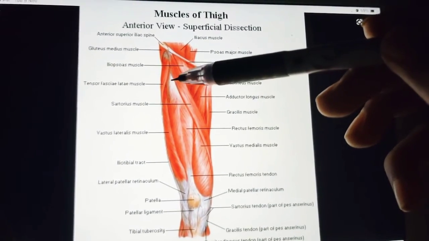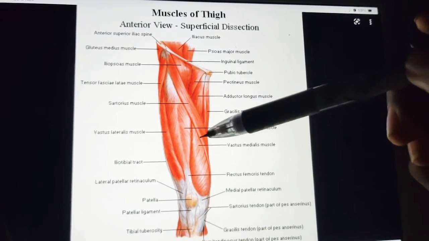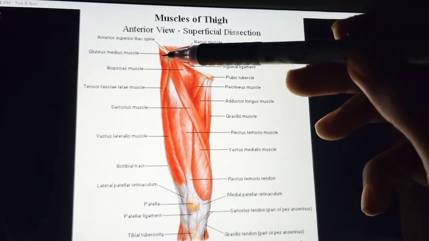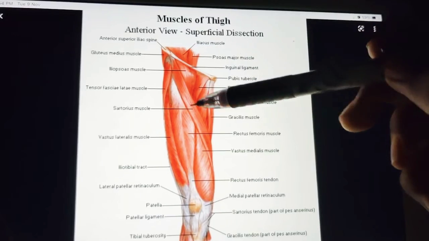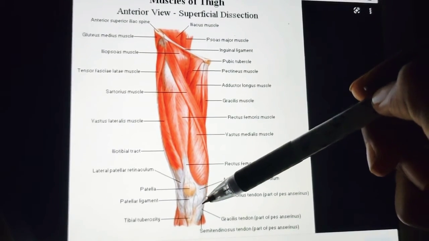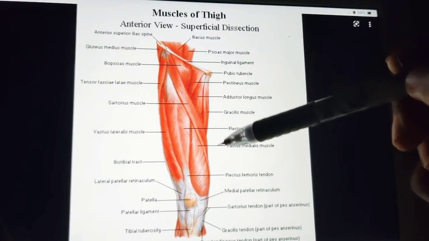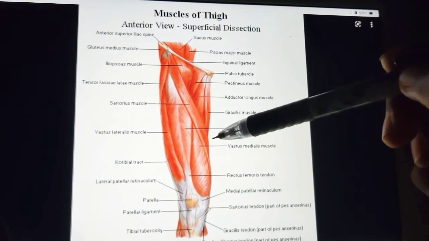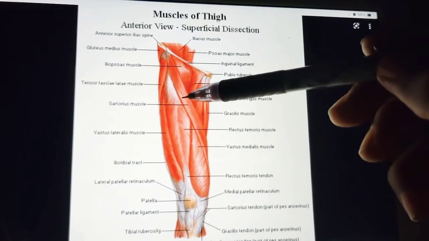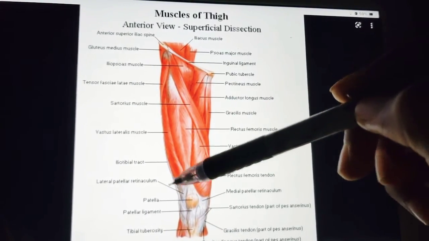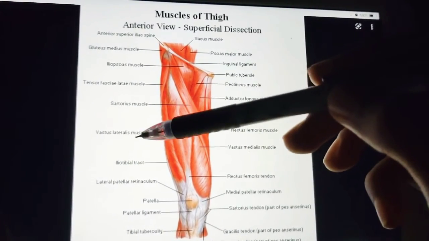If you go into detail of their origin and insertion, sartorius takes origin from the anterior superior iliac spine, and is inserted on the medial side of the upper part of the tibia, right? Its main action is lateral rotation and abduction. Next, coming to Quadriceps femoris, it is formed by the different vastus muscles, right?